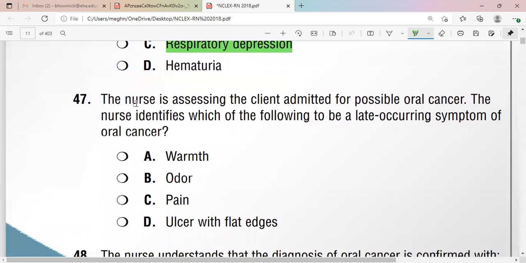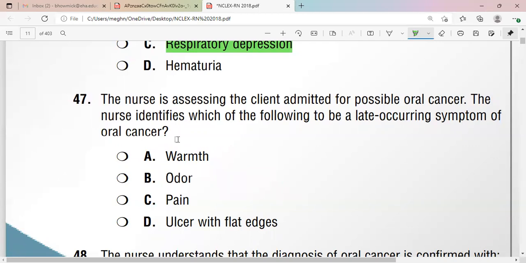So next question: the nurse is assessing the client for possible oral cancer. The nurse identifies which of the following to be late occurring symptoms of oral cancer?